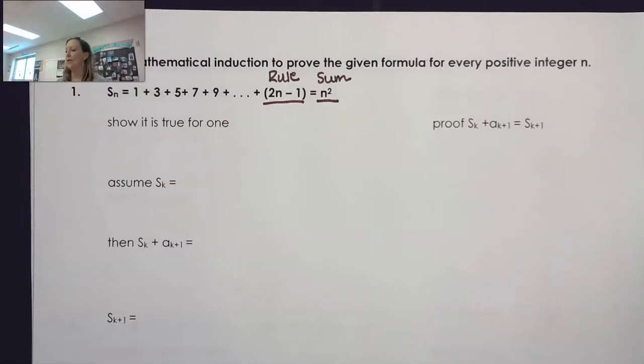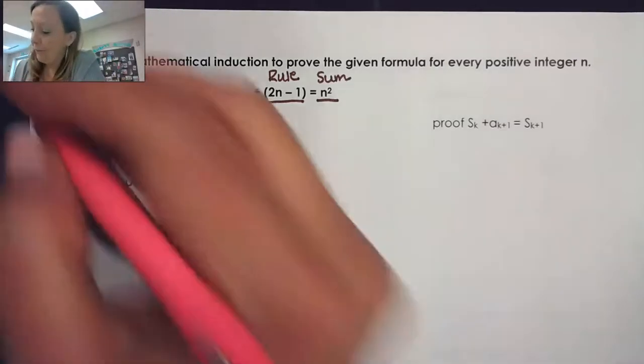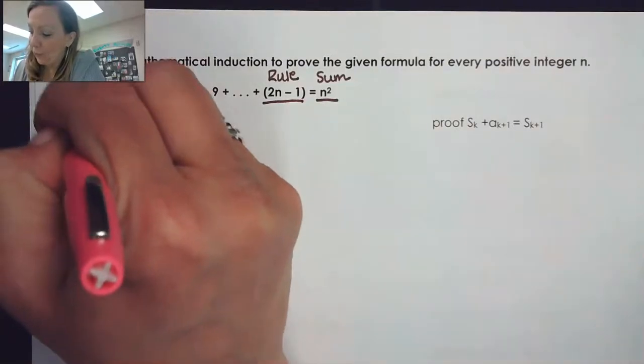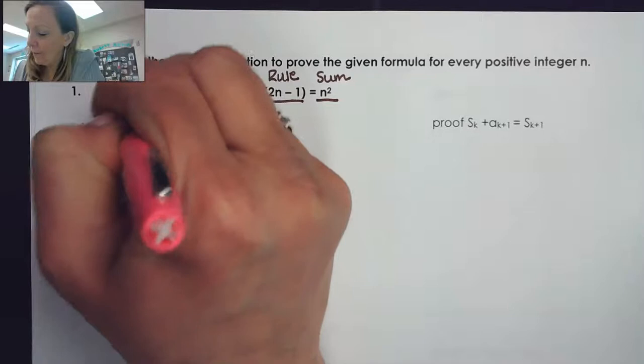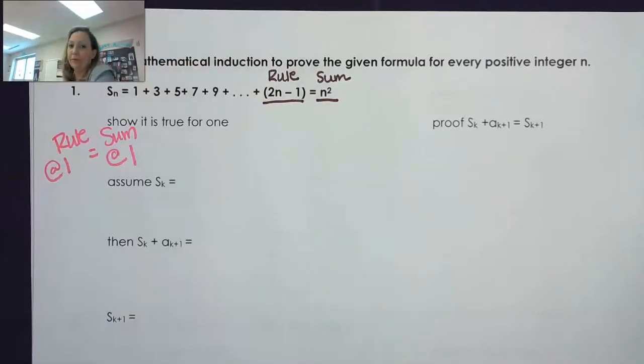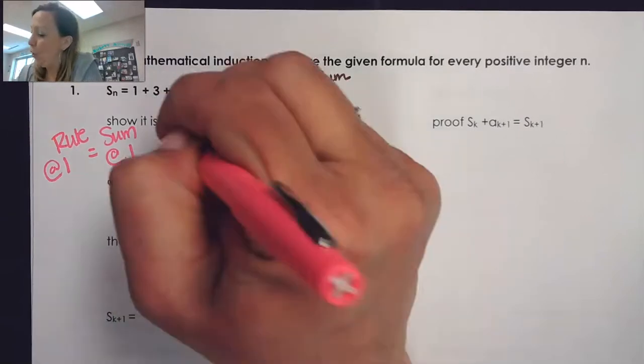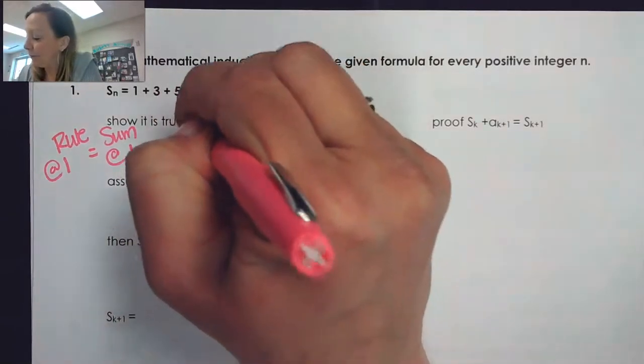Okay. So the first thing we're going to do is show that it's true for 1, which means we're going to show that the rule at 1 equals the sum at 1. Essentially, we're going to show what happens when n equals 1.